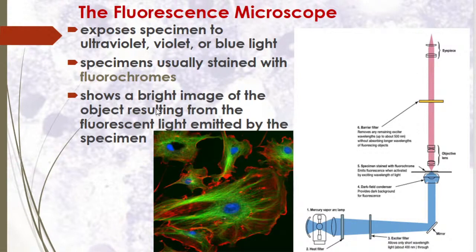that we see the bright image of the object resulting from the fluorescing light emitted by the specimen, and different areas of tissue, different areas of cells characterize fluorescence, with different bright colorings. For example, the DNA of nuclei is colored blue.